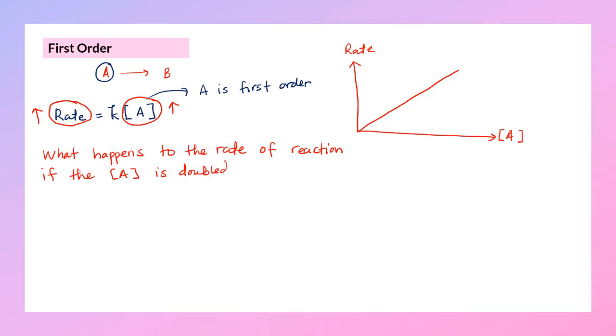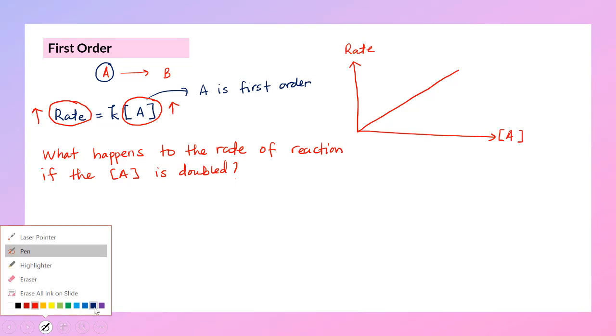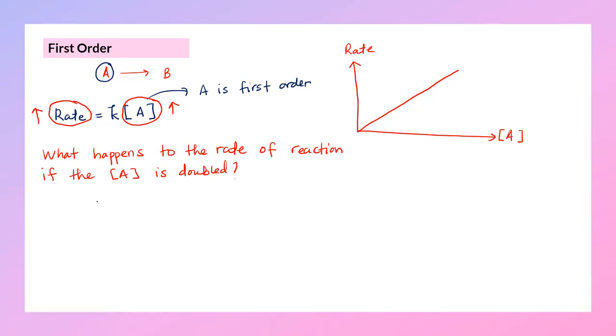Okay. What happens to the rate of reaction if the concentration of A is doubled? You can see here, when the concentration of A increases, the rate will increase. But how many times the rate will increase is affected by the order of the reaction. So please refer to this example. Rate equals k times the concentration of A if A is first order.